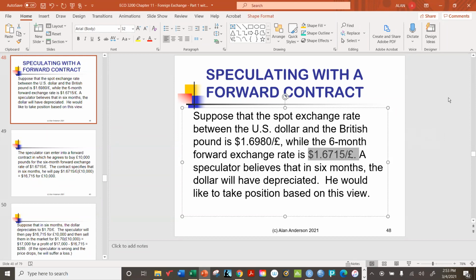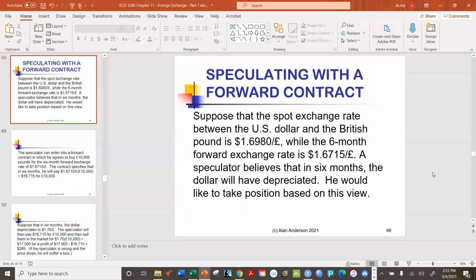Why aren't they the same? What is it that's driving this relationship between the spot exchange rate and the forward exchange rate? Well, we've got a formula for you, and you'll see that this is driven by time and the interest rates in the two countries. And that's all there is to it.